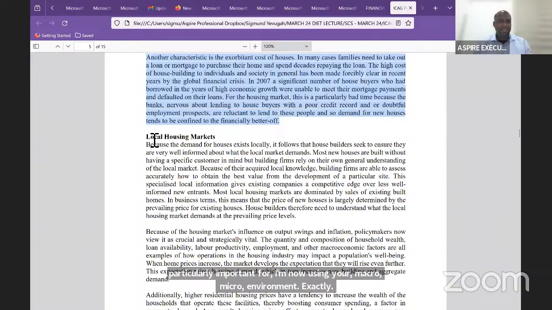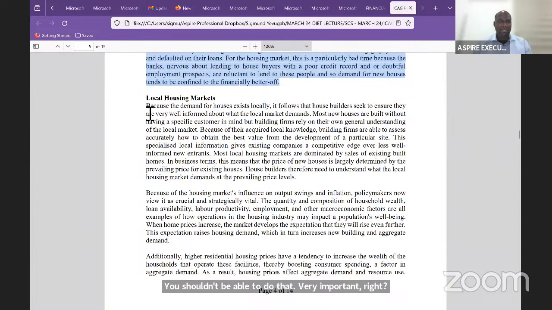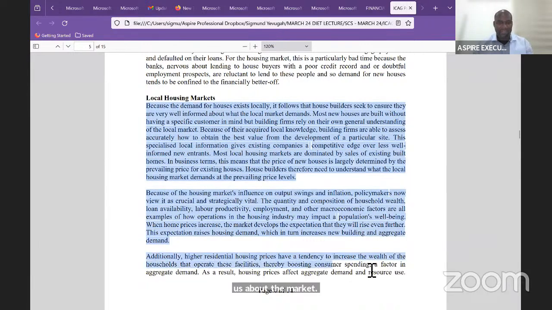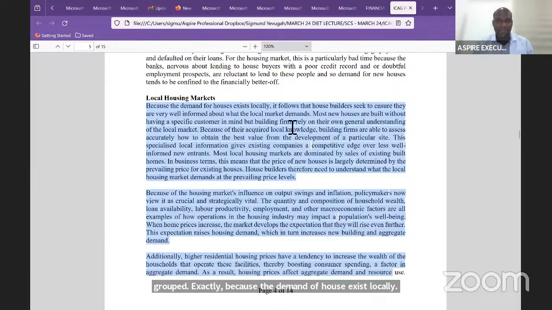Very important. Right. Local housing market. So information has been given to us about the market. At least before now, we can see how the market is grouped. Exactly. Because the demand for houses exists locally, it follows that house builders seek to ensure that they are very well informed about the local market demand. Most new houses are built without having a specific customer in mind, but building firms rely on their own general understanding of the local market.